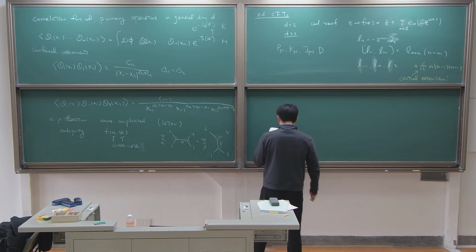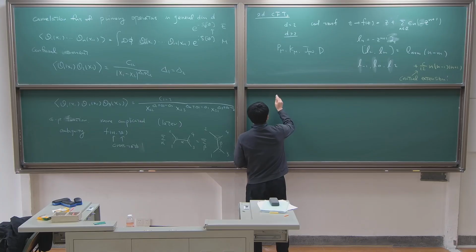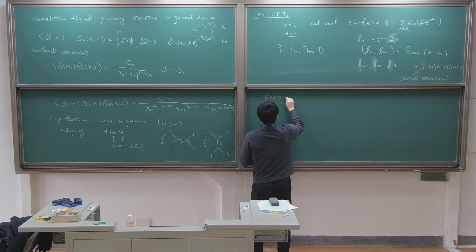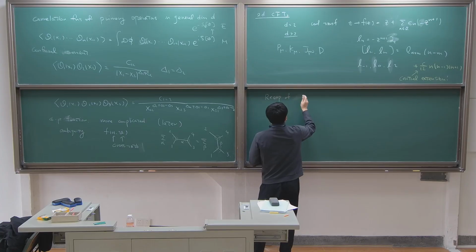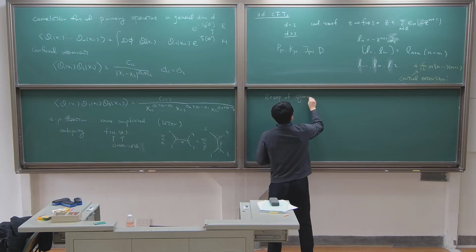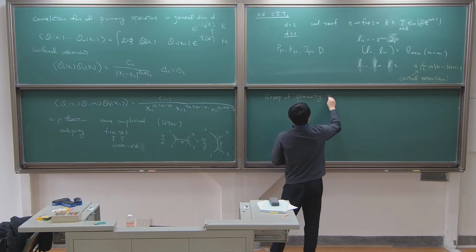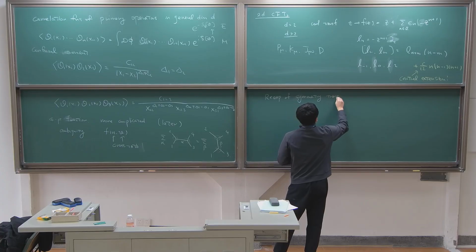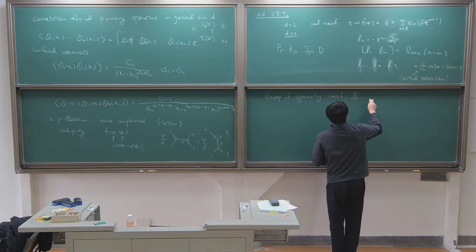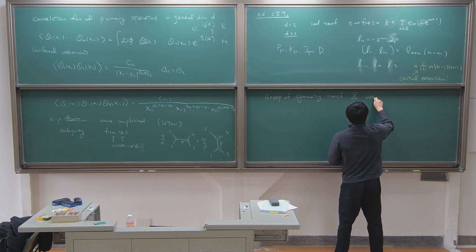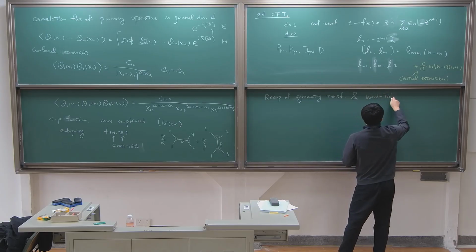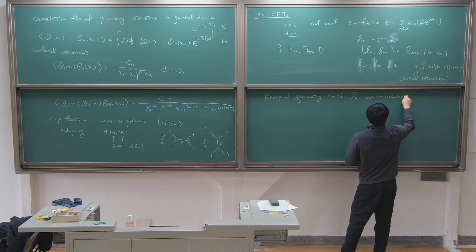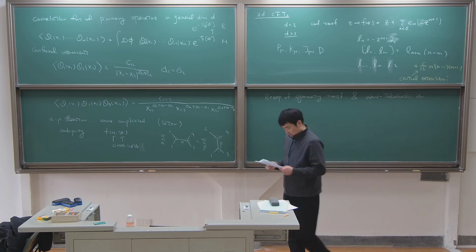So, for instance, you have the recap of whatever symmetry transformation, and then the Ward-Takahashi identity.